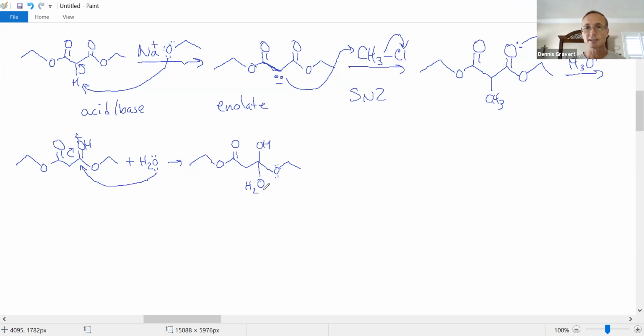I'm trying to hydrolyze this to make a carboxylic acid. So I want the pi bond back. I want this to be an OH group. This group needs to leave, and it can't leave now, it'd be negative. And this is acid catalyzed. Acid catalyst means only plus ions, cations, and neutral compounds, no negative charges. So hey, I need to get rid of one of these H's.